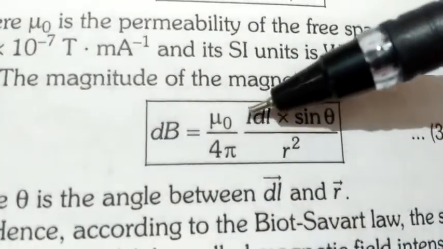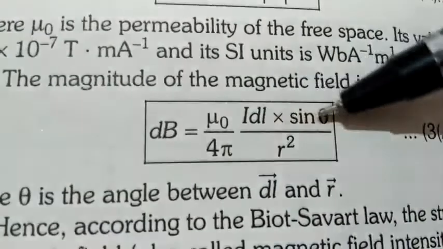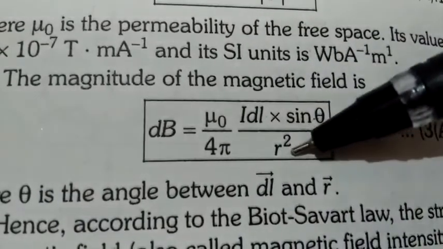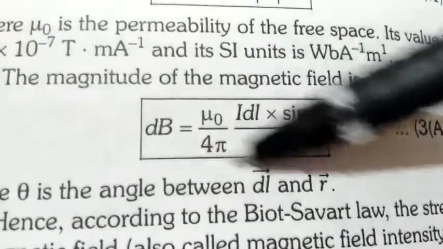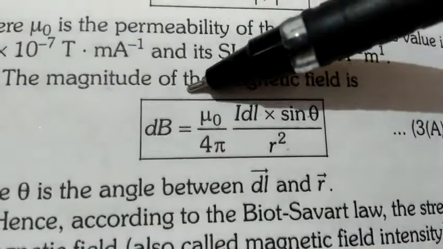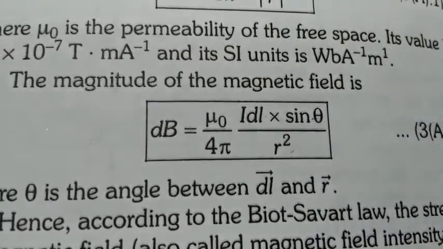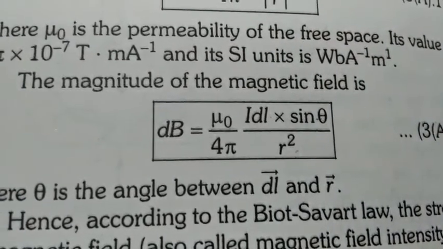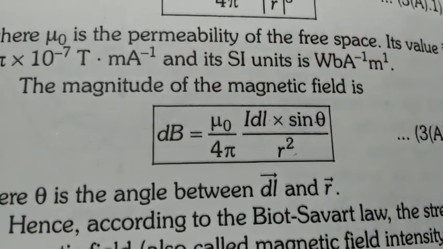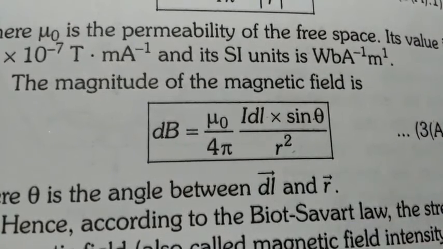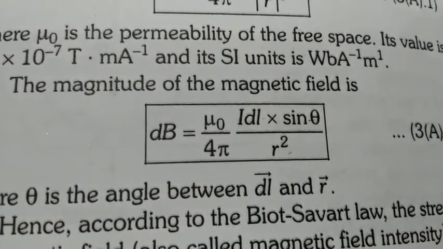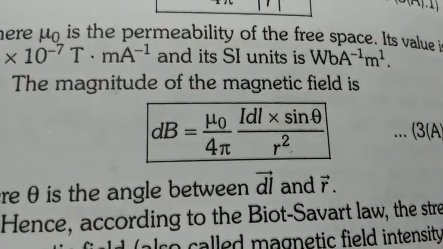Then it is directly proportional to I dl and sine theta, and inversely proportional to r square. So it can be written like this. Okay. Then if we put sine theta equals 90 degrees, it will simply become I dl upon r square, and that will be the maximum. In that position the strength will be maximum.